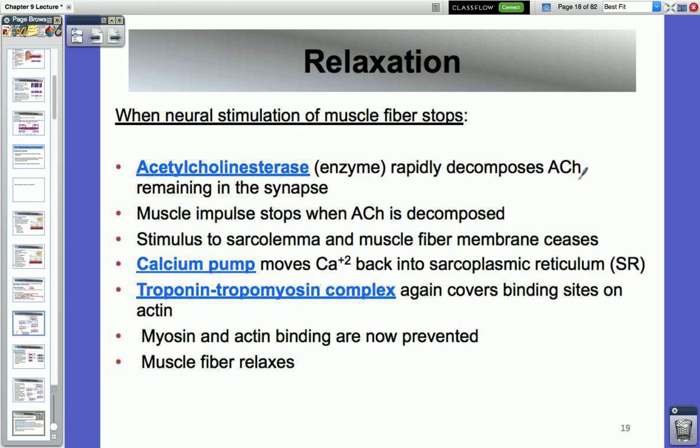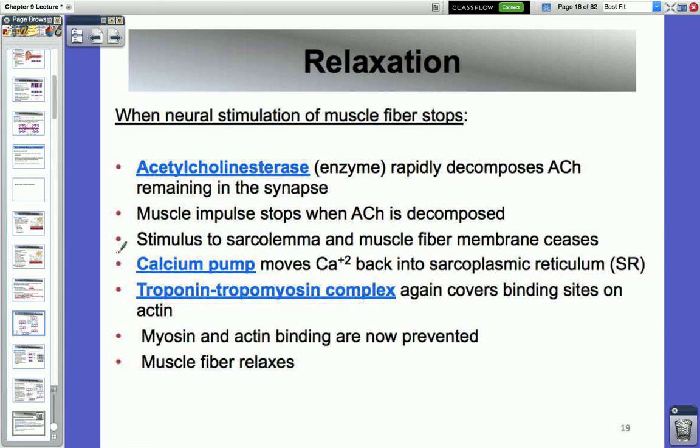Now again, why would we want acetylcholine to be broken down? Because we don't want the muscle to constantly contract. So once that's being broken down, all those other steps that we talked about won't happen, which means the permeability to sodium and potassium won't happen. We won't have that neural impulse or action potential.